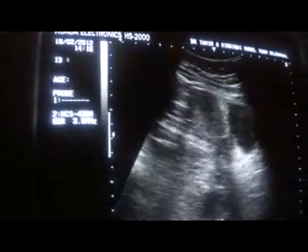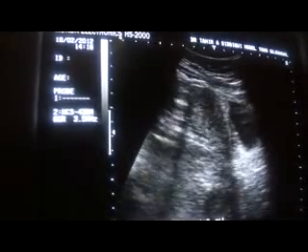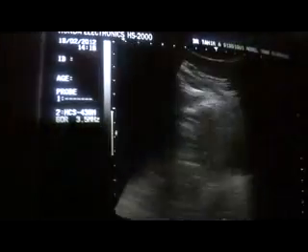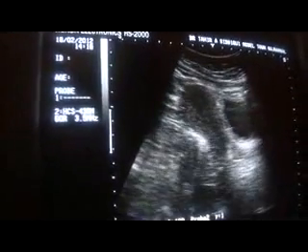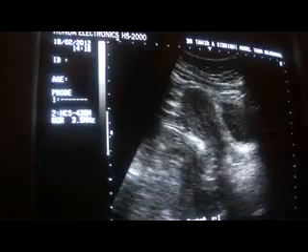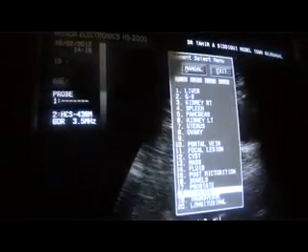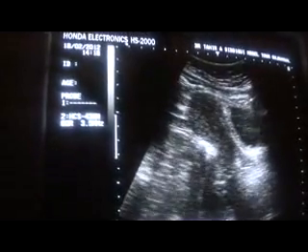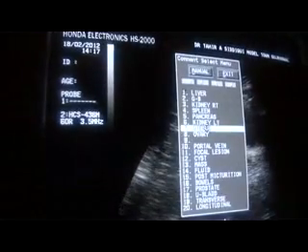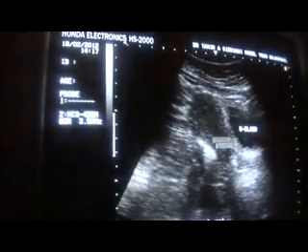Again, longitudinal. This is the urinary bladder, partially filled. This is the uterus.